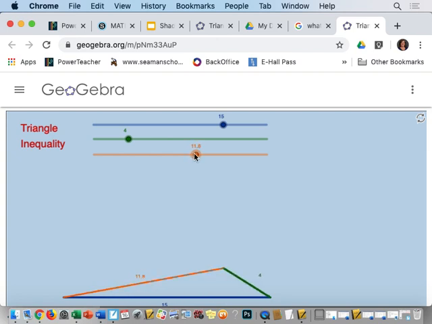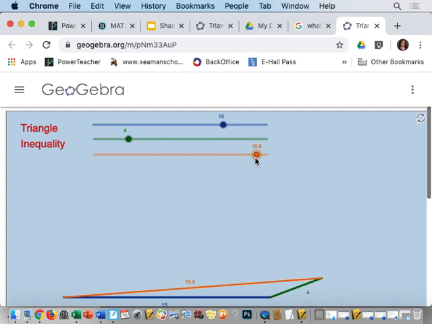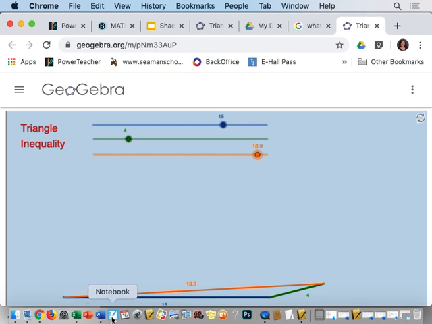Now, how big can my third side be? So 18.9 works. And what doesn't work? 19. Because as soon as I get to 19, that's 15 plus 4, and I get that straight line going across. So my third side length ranges from 11.1 to 18.9.